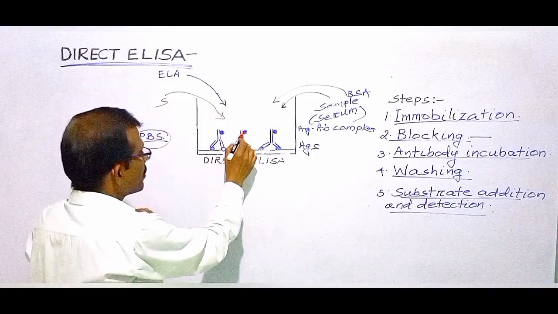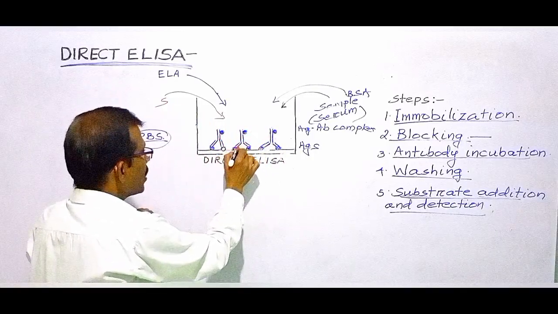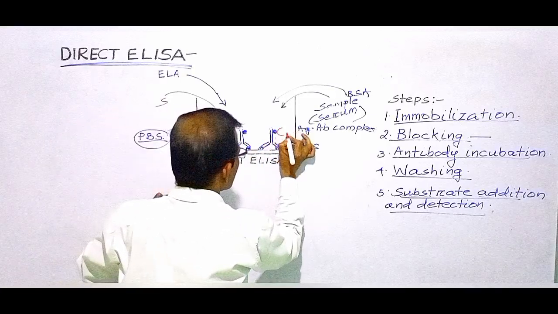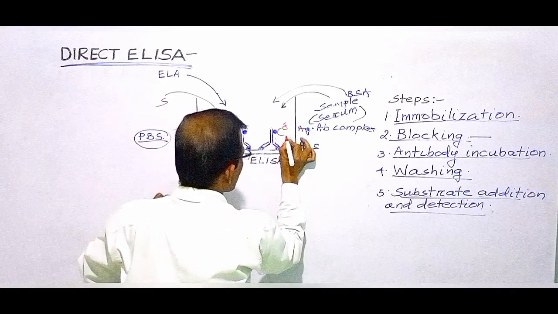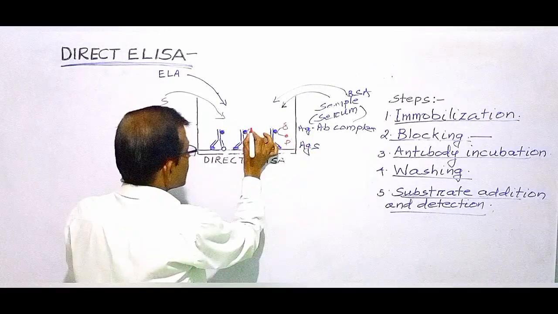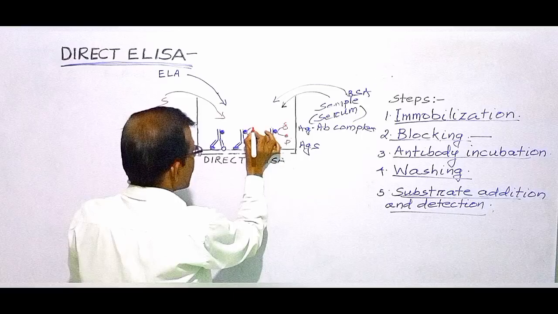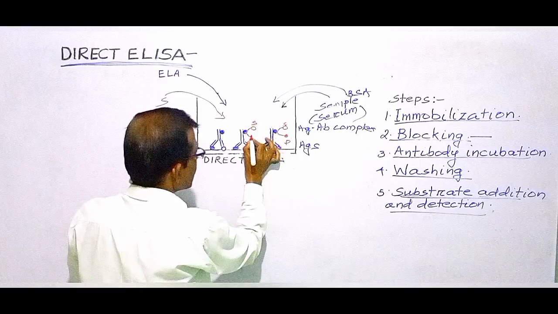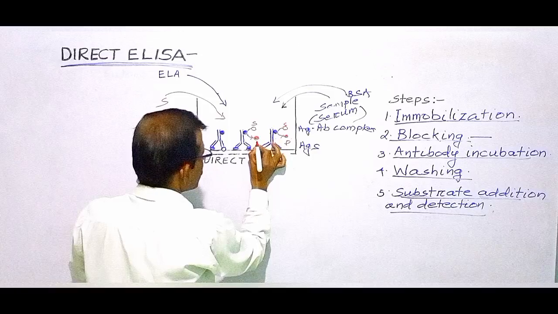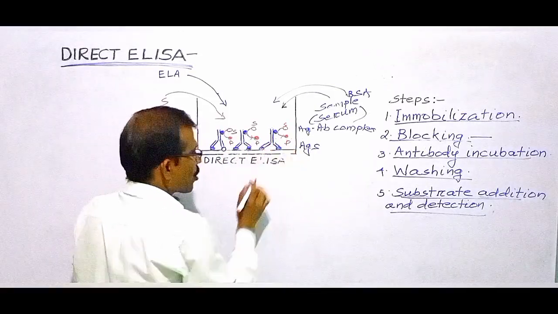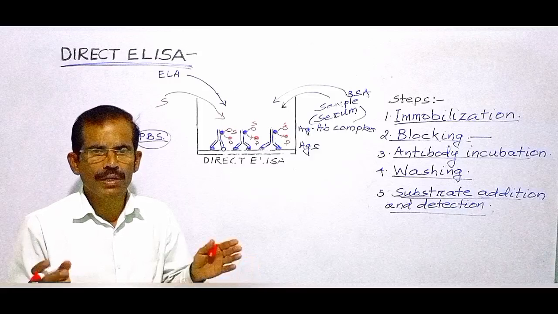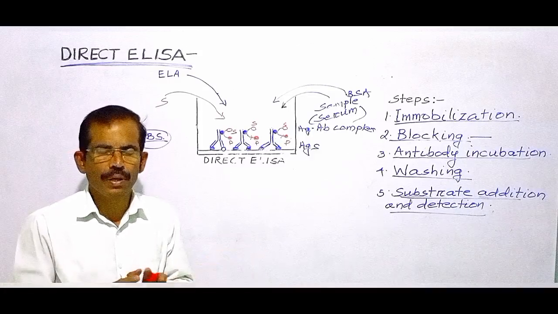The enzymes that are linked with the bound antibodies will convert the chromogenic substrate into a color product. The amount of this product is proportional to the concentration of antigen in the sample.